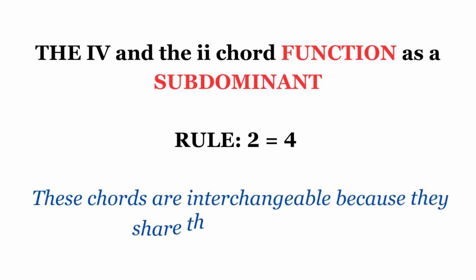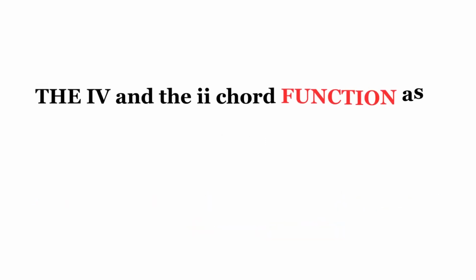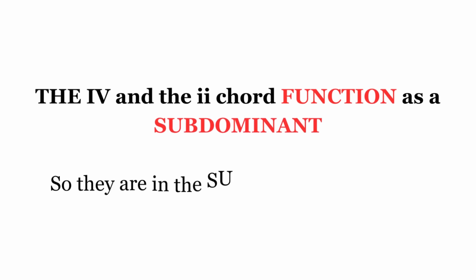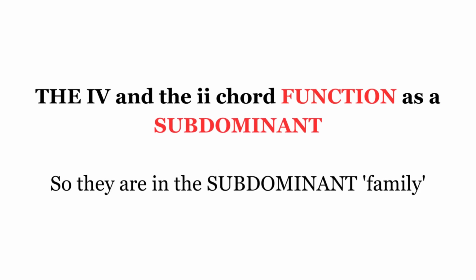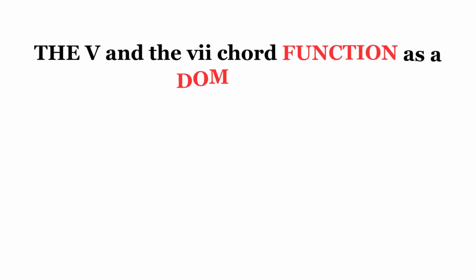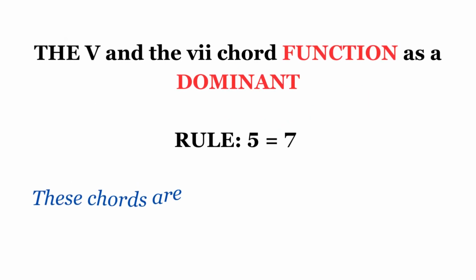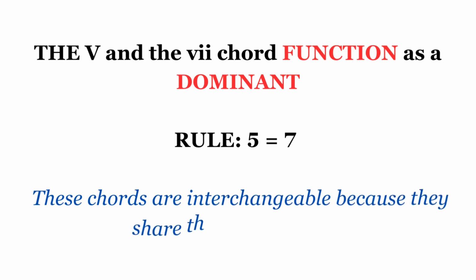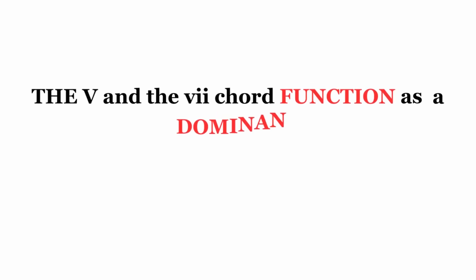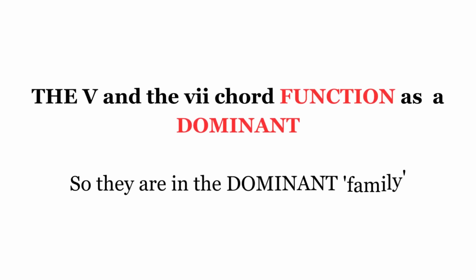These chords are interchangeable because they share the same function. The 4 and the 2 chord are in the subdominant family. The 5 and the 7 chord function as a dominant. The rule here, 5 equals 7. These chords are interchangeable because they share the same function, so they are in the dominant family.